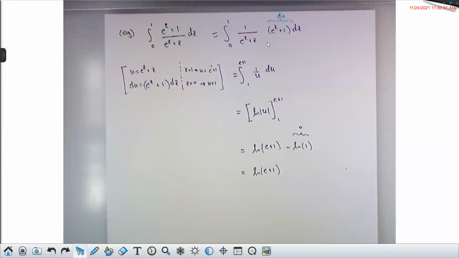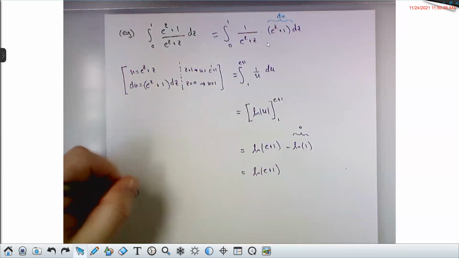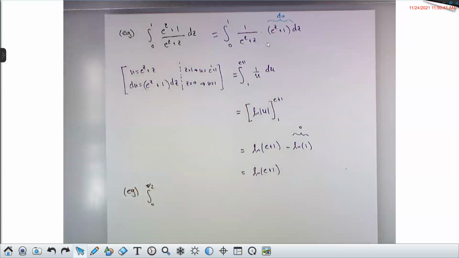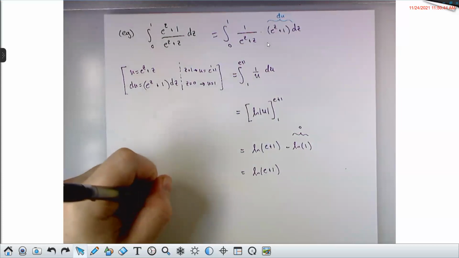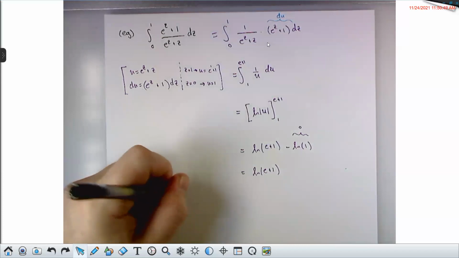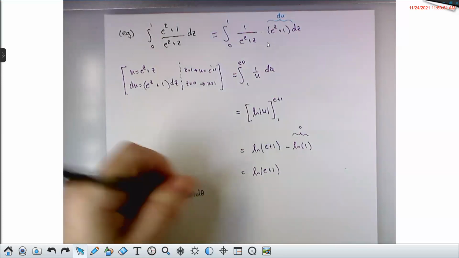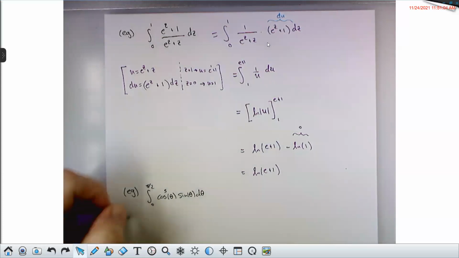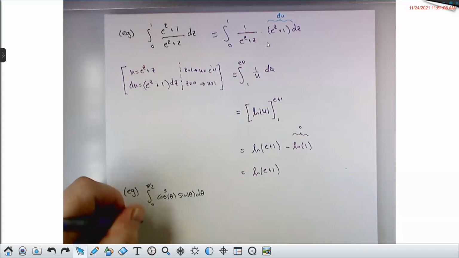Another place this shows up a lot is in integrals of trig functions. Something like this, where I would substitute u equals cos theta.